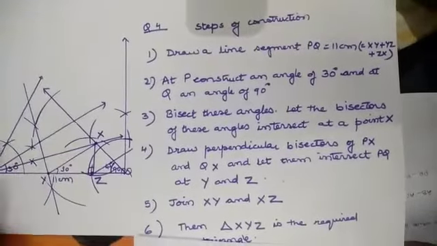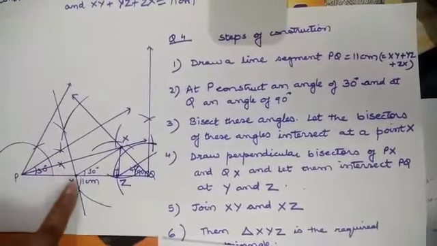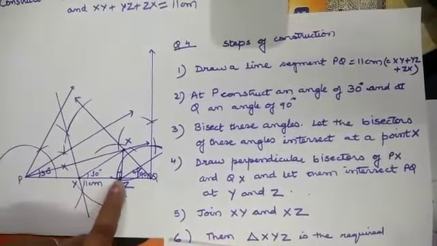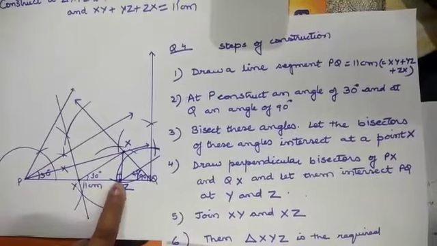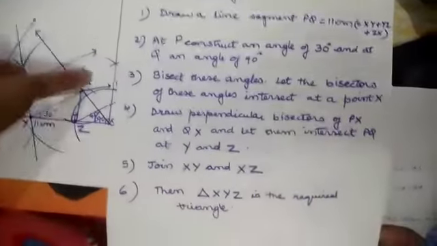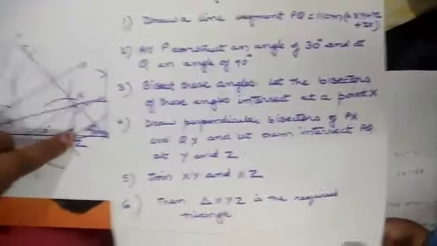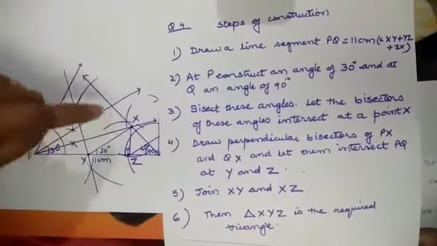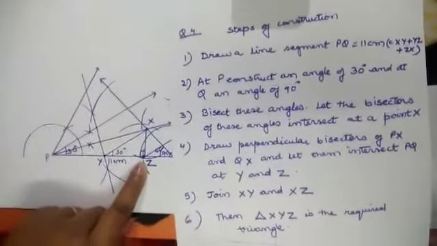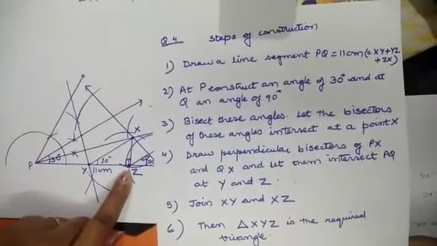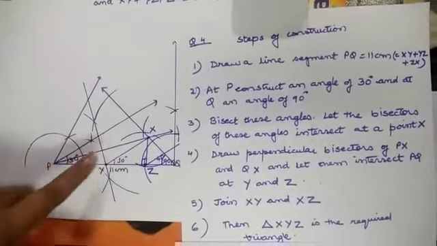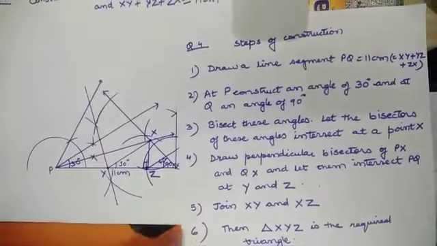The bisector of PX is intersecting PQ at Y and the bisector of QX is intersecting PQ at Z. Now the next step was join XY and XZ. So when you join these two lines, you observe one triangle XYZ. And as I said that whenever you are concluding the construction, you should always write that triangle XYZ is the required triangle.